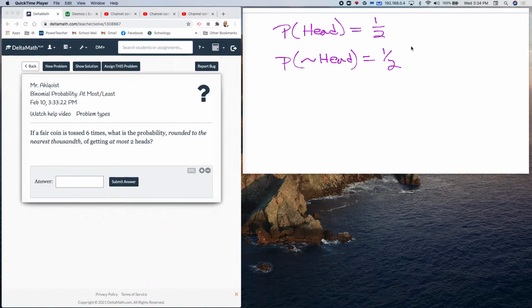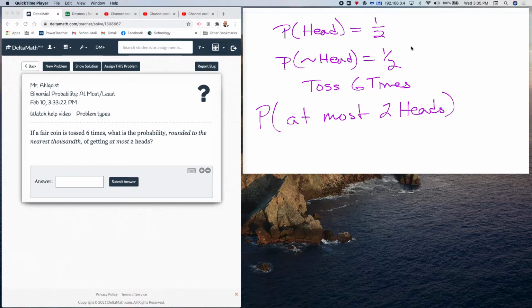Now, when you think about what this question is asking, it is the probability that if you toss it, actually, we know that we're going to toss it 6 times. So toss 6 times. And the question is, what's the probability of getting at most 2 heads?